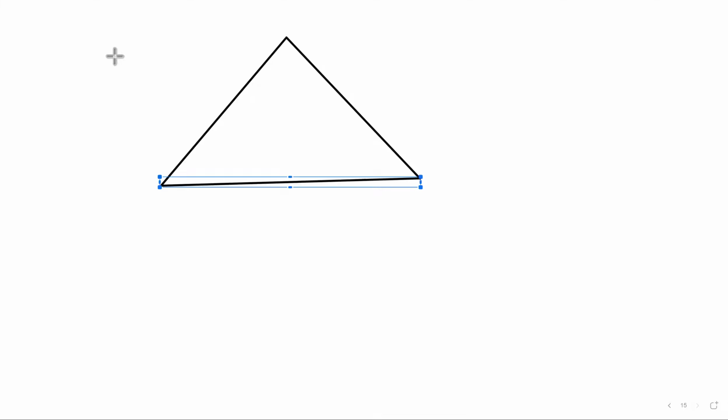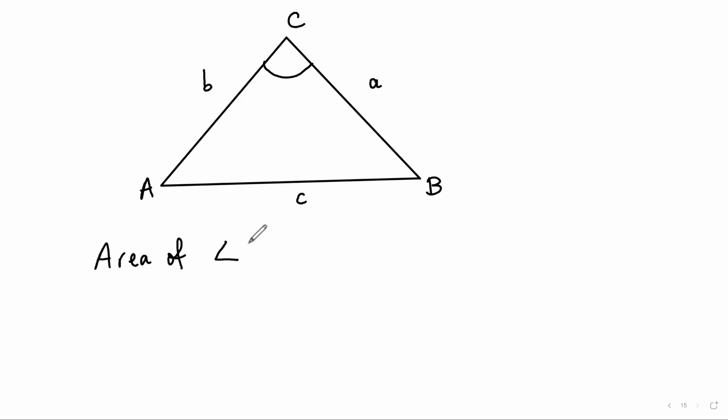Right? So let's say this is triangle ABC, and this would be side a, this will be side b, and this is side c. And let's say I have the included angle C. So you can find the area of a triangle ABC.